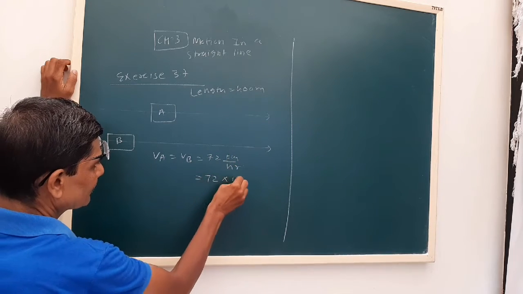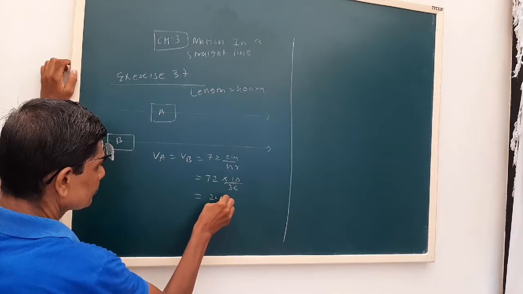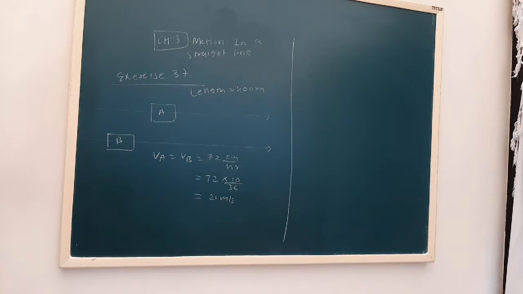Now we will convert it into meter per second. Now the question says A is ahead of B.